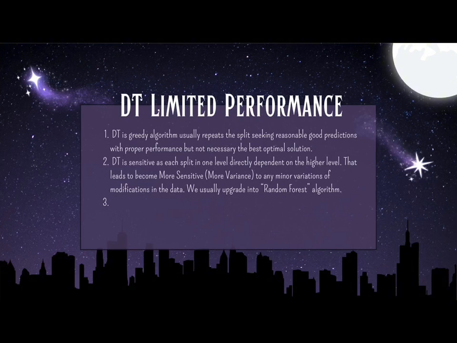When it comes to the limited performance, there are several of them. Decision tree is a greedy algorithm, usually repeats the split seeking reasonably good predictions with proper performance, but it can't achieve the optimal solution here. And decision tree is sensitive, as each split at one level is directly dependent on the higher level. That leads to more sensitivity or more variance to any minor variations or modifications that happen during training the data.